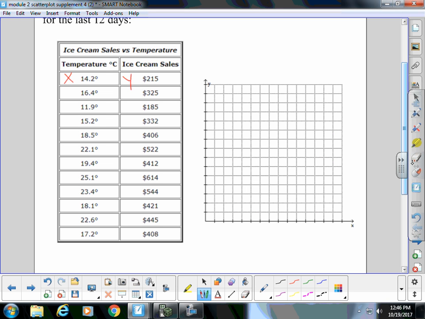So these numbers are kind of small, even though they're really not. The highest number is, let's see, it looks like it's about 25. So, 2, 4, 6, 8, 10, 12. Looks like I can count by twos.